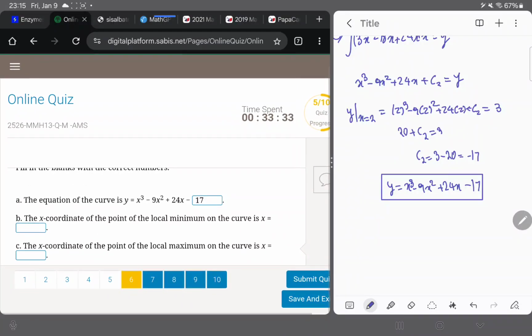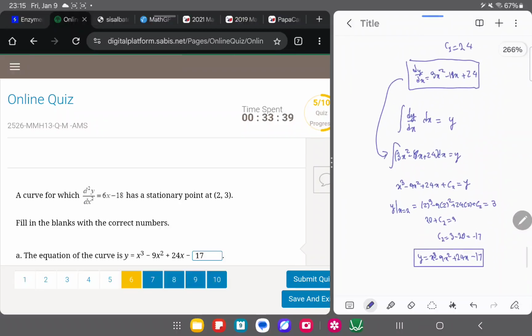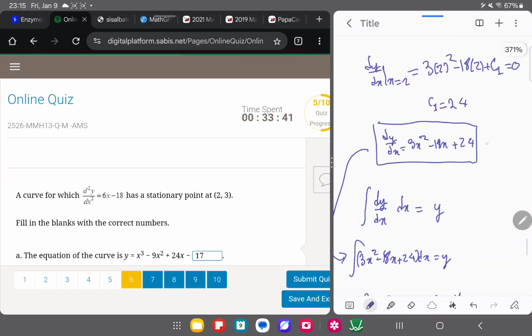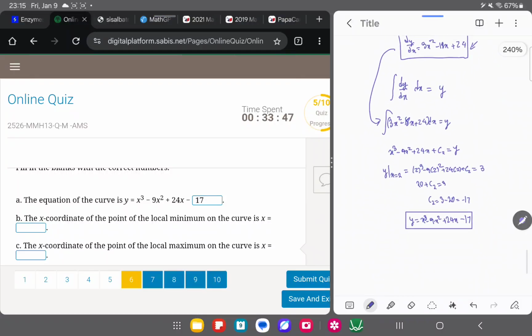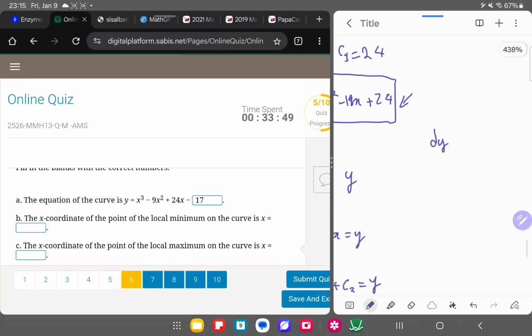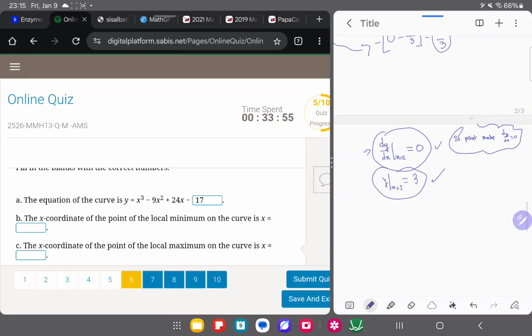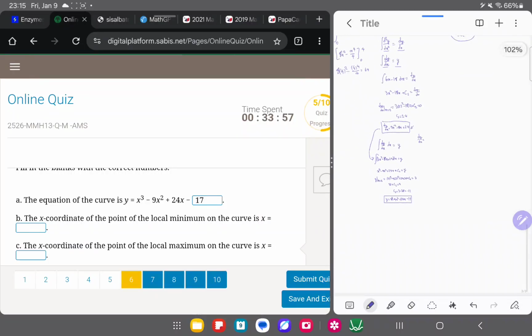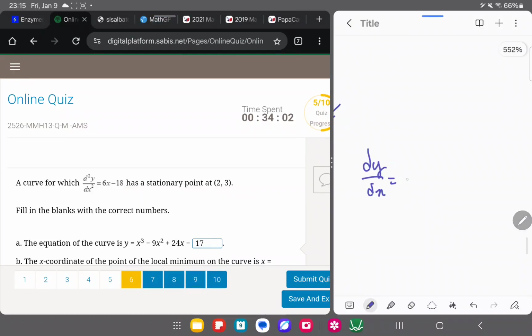Okay, so the x-coordinate of the point of the local minimum on the curve is x equals blank. Okay, now we saved the formula of the derivative over here, thank goodness. And when you find the x-coordinate when you're trying to find the turning points, dy over dx must be equal to 0 for stationary points or turning points, as I stated here. Stationary point make the derivative equal to 0. So, dy over dx is equal to 0.